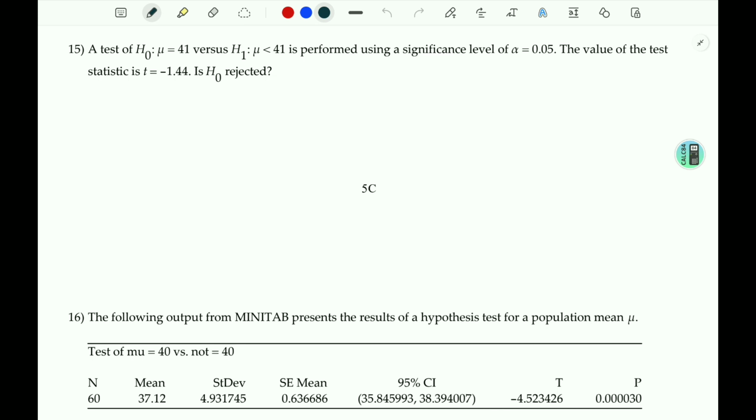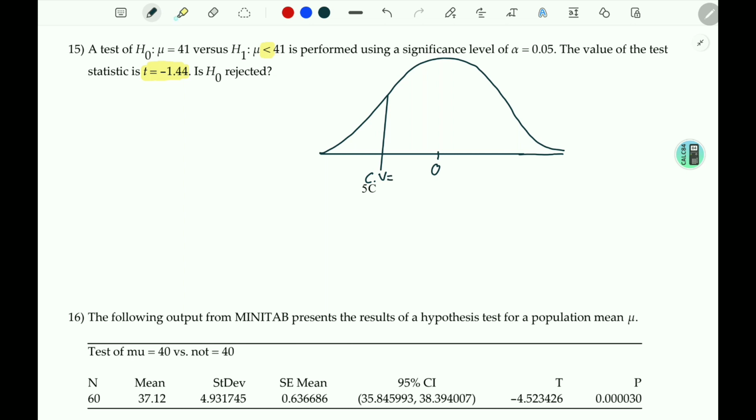Well, let's draw a bell-shaped curve to assist us in this case. Zero goes in the middle. And because of the symbol here and the test value there, we know that this will be a left-tailed test. So we're going to need to find the critical value for the left-tailed test.